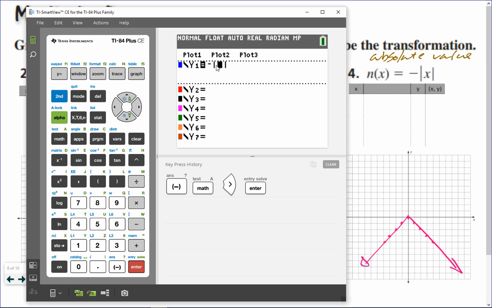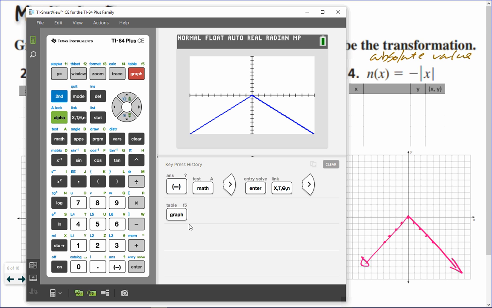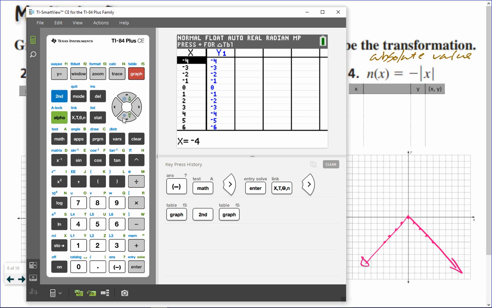On the newer calculators, it'll show you the symbols right there. Now, next thing is, I'm just going to type alpha, get outside of the absolute value, and then hit graph, and you should graph it. Again, if I want to see my points, I just go to second table, and there's my vertex right there.